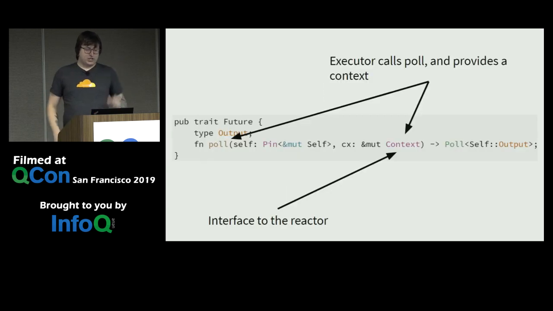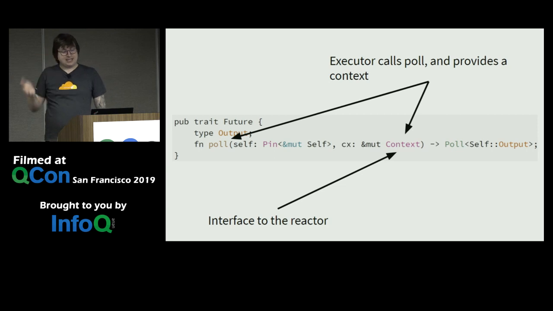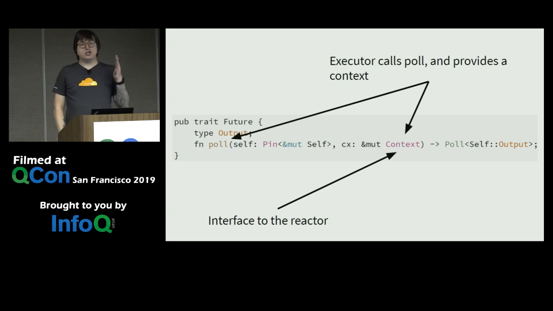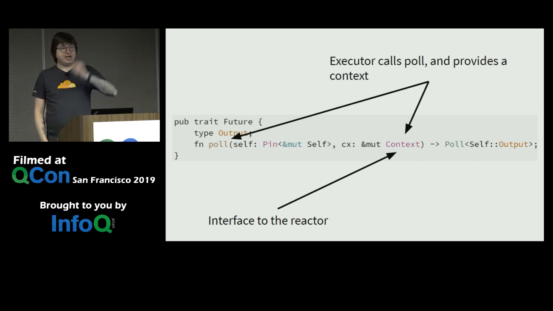So we ignored some of the details about the call to poll earlier. But if you read the type signature, you can see how this works with the executor and reactor. Tasks implement Future, so when you pass a task to an executor, the executor's job is to do that repeated call of poll. It's going to be calling poll to make sure that your futures are doing the work they're supposed to do.